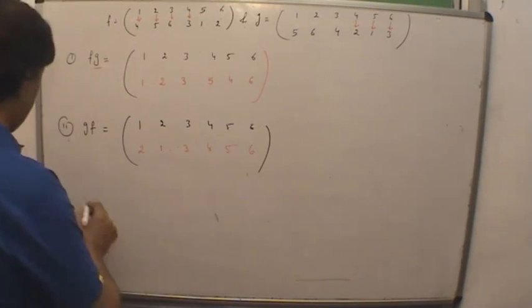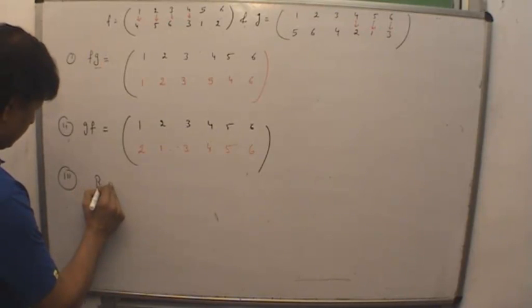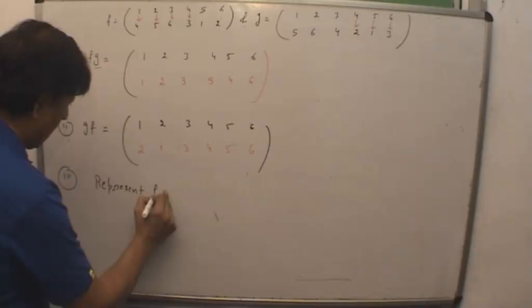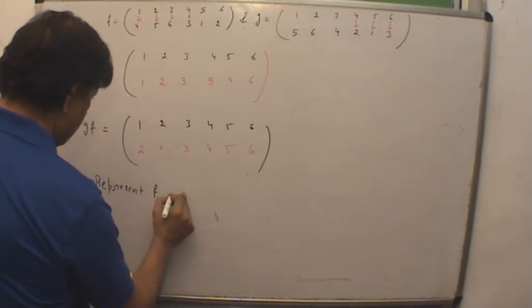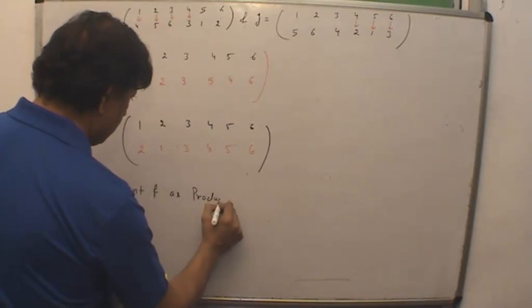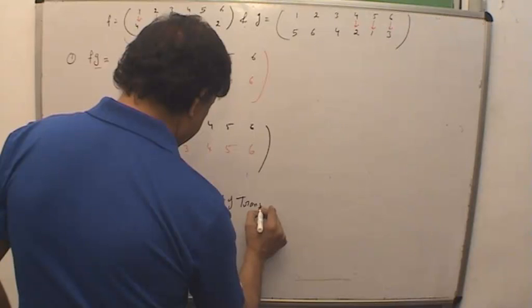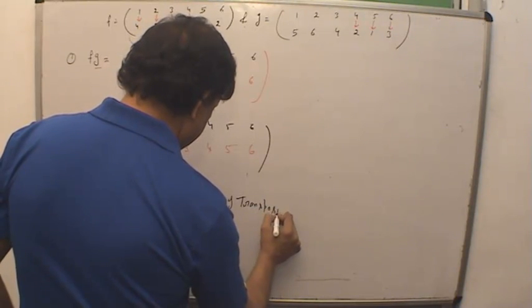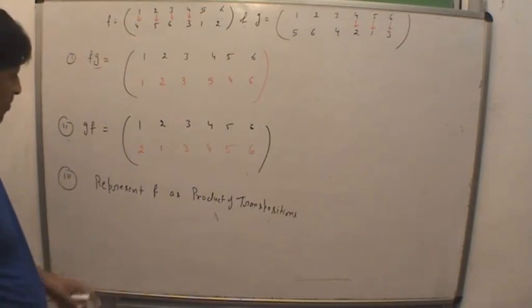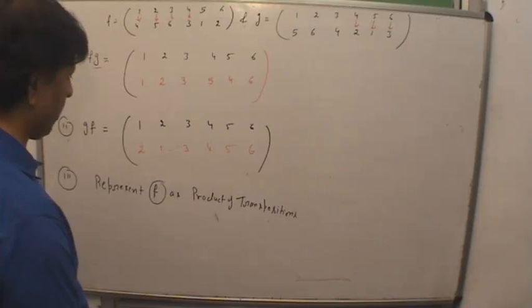So the third step, we see how to represent F as the product of transpositions.